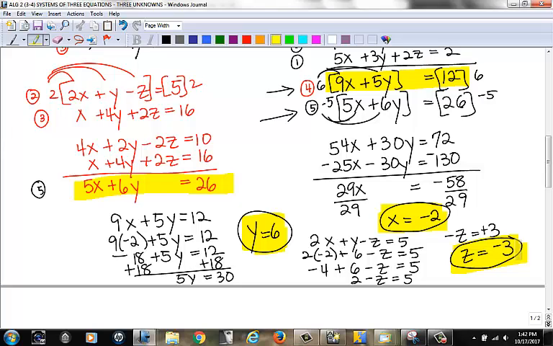The ordered triple would be the x, y, z. It's alphabetical. So the x is negative 2, the y is 6, the z is negative 3. If you were going to do a check on this problem, it has to work in all 3 equations. It's negative 2, 6, and negative 3.